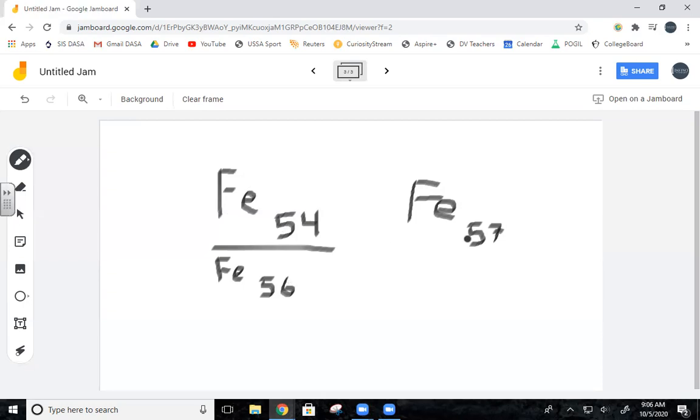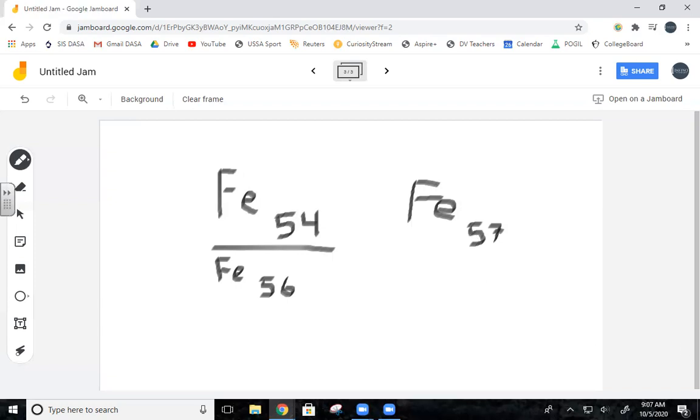Sometimes you'll hear chemists or physicists say uranium-238 versus uranium-240. Those are 2 isotopes of the same element. There are atoms that have 2 more neutrons than other atoms of the same element.